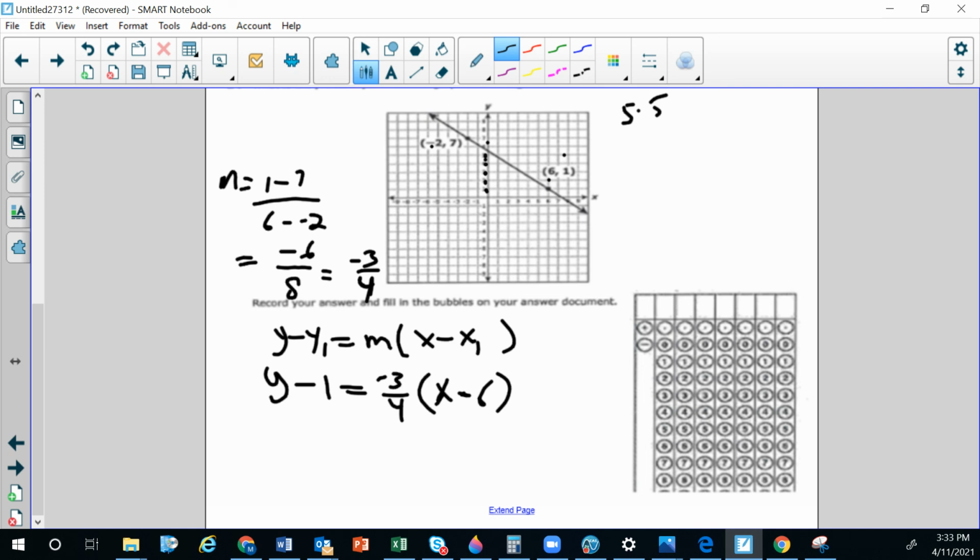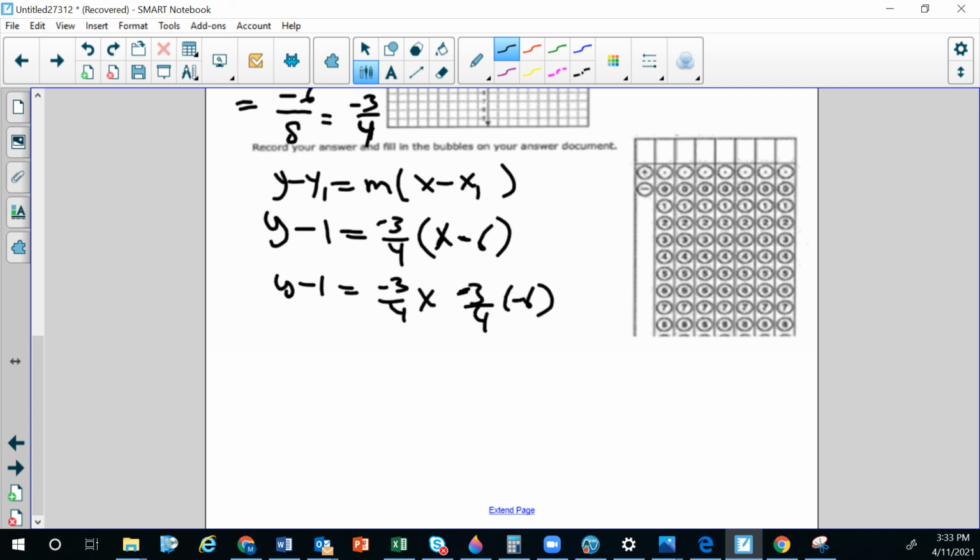Now I'm going to simplify this a little bit. So y minus 1 is equal to negative 3 over 4 x, and then negative 3 over 4 times negative 6.